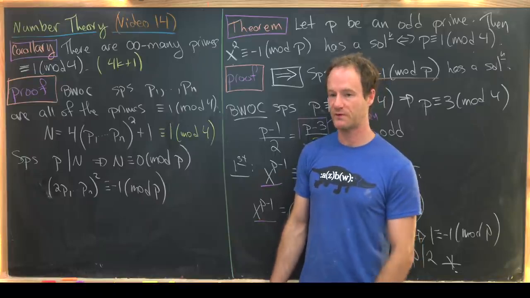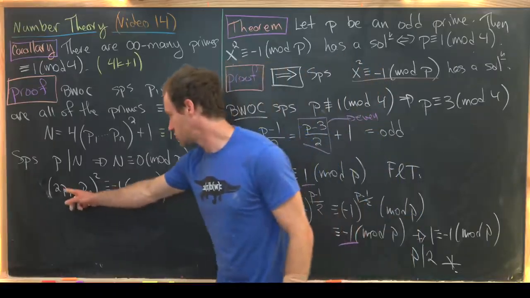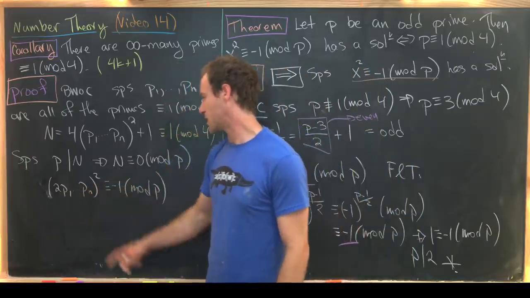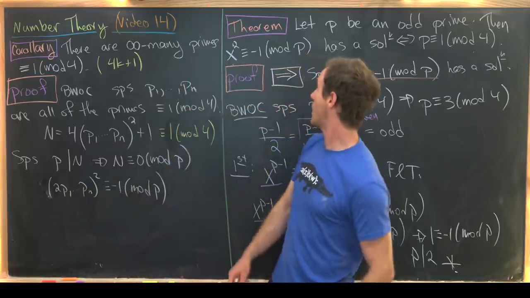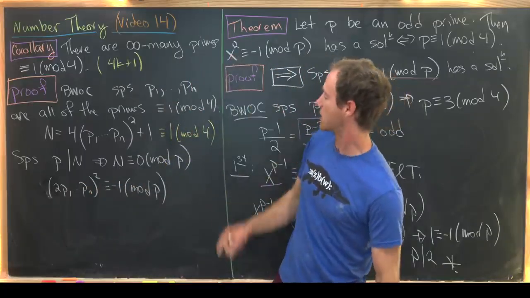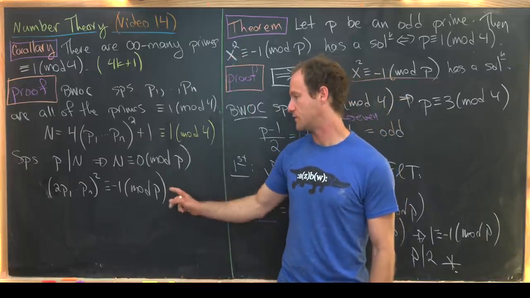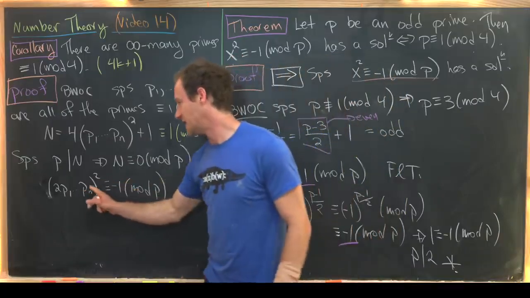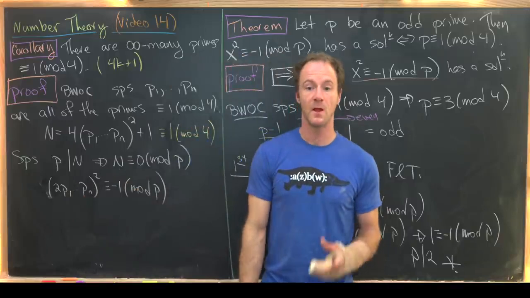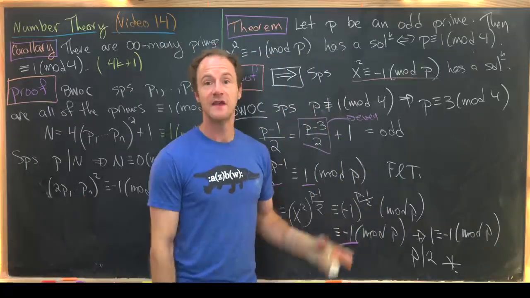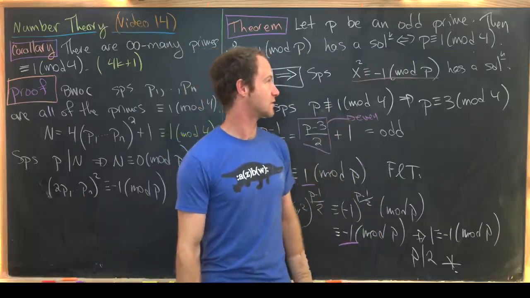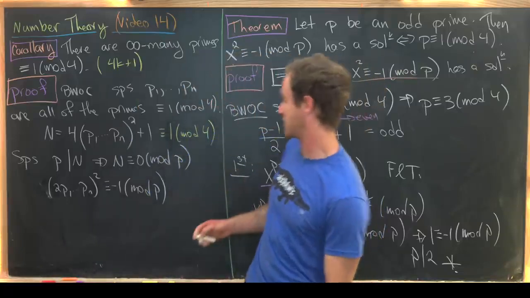Okay, but let's look at what we've got. We've got a solution, 2 times P1 up to Pn, of the equation x squared is congruent to minus 1 mod P, right? So our x is this product right here. What does that tell us? That tells us that our prime is congruent to 1 mod 4 by this theorem.